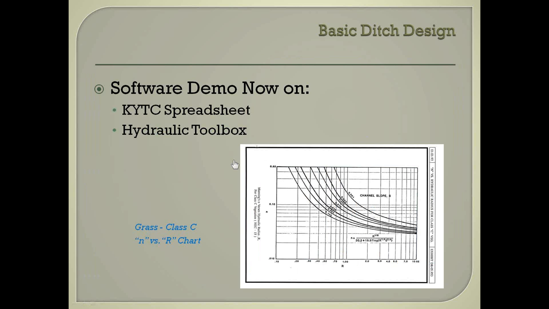And lastly, we'll go straight to the demo quickly here now, but I just wanted to throw up the hydraulic radius to n chart that references the relative roughness approach in our current drainage manual.